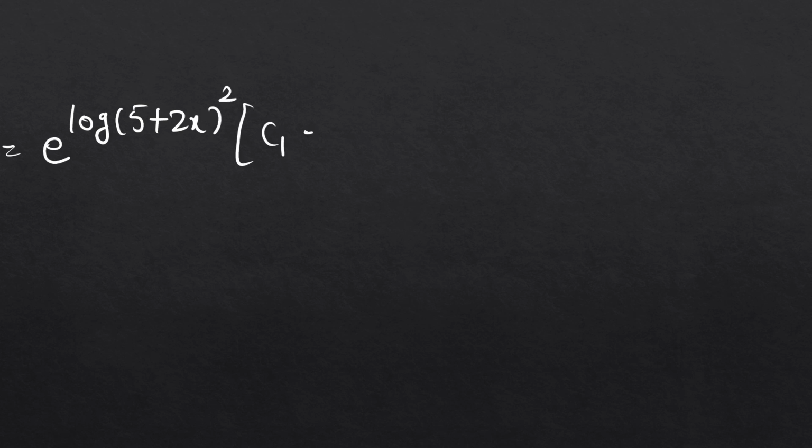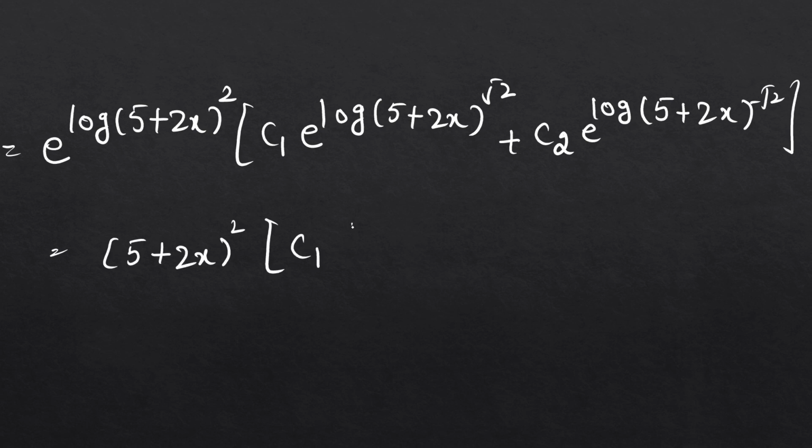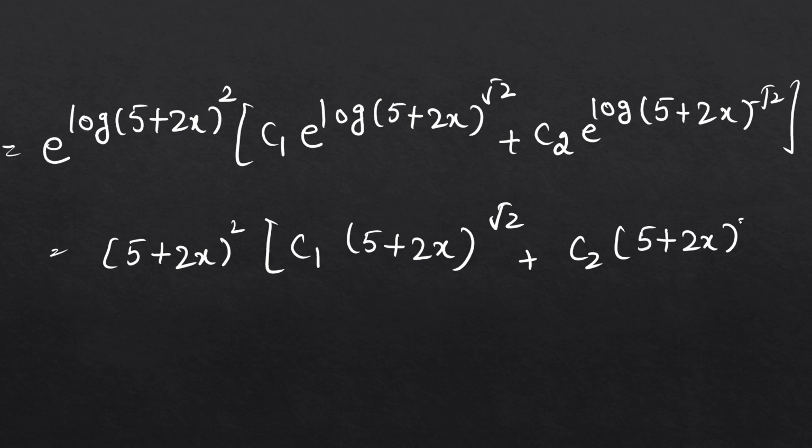Similarly here we take e raised to power log of (5 plus 2x) squared, c1, then e raised to power log of (5 plus 2x) root 2, plus c2 e raised to power log of (5 plus 2x) minus root 2. So e and log cancel, and we are left with (5 plus 2x) squared times c1 (5 plus 2x)^root 2, plus c2 (5 plus 2x)^minus root 2.